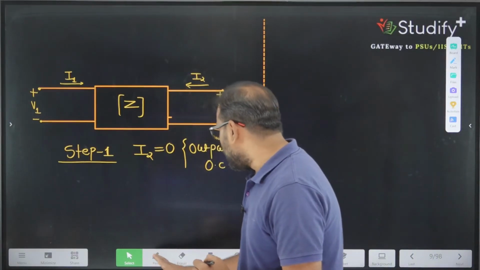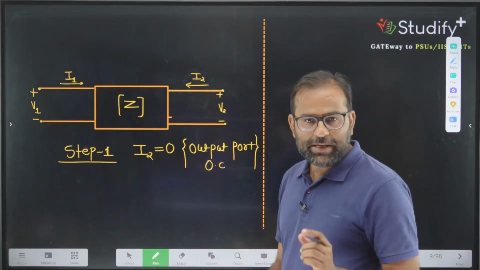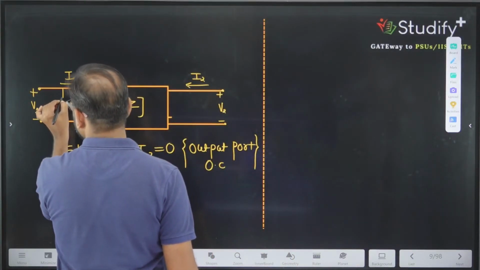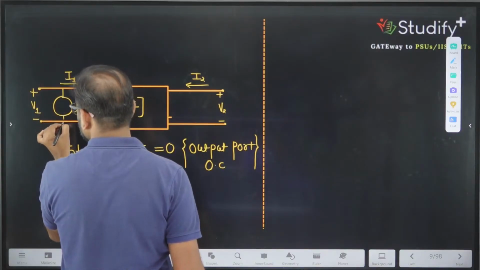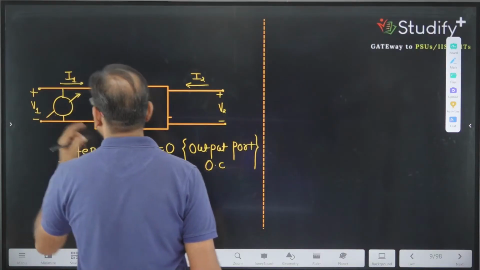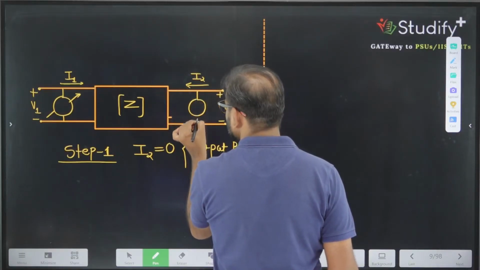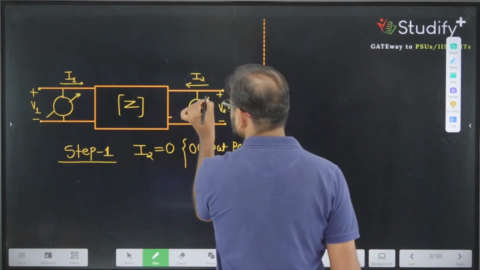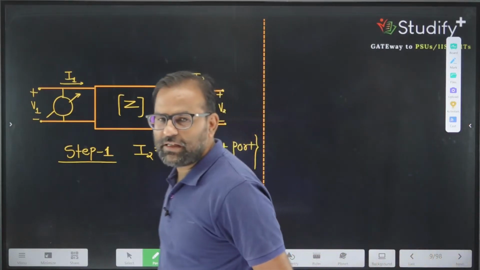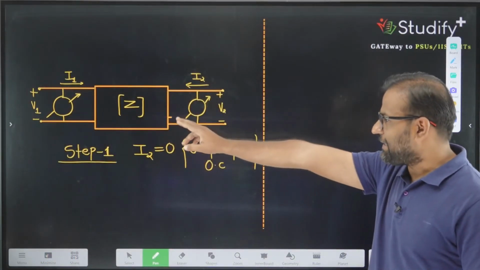If I make I2 equal to 0, you connect one voltmeter here and call this voltmeter reading V1, and you connect another voltmeter here and call this reading V2. So you have I2 equal to 0 and you calculate the readings at port 1 and port 2.